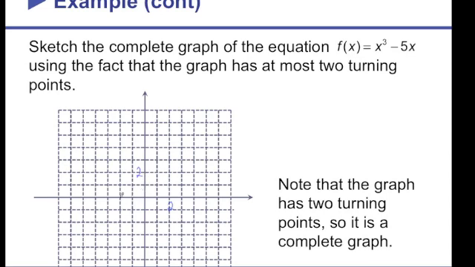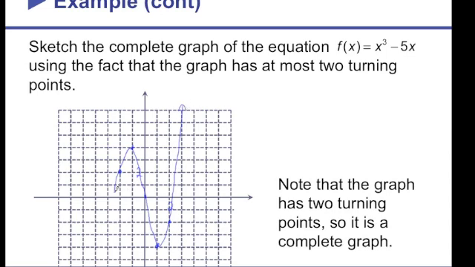So we have the point negative 2, 2, the point negative 1, 4, the point 0, 0, the point 1, negative 4, and the point 2, negative 2. So drawing a smooth curve through that, it looks like we go up here, turn, come down, and turn again.